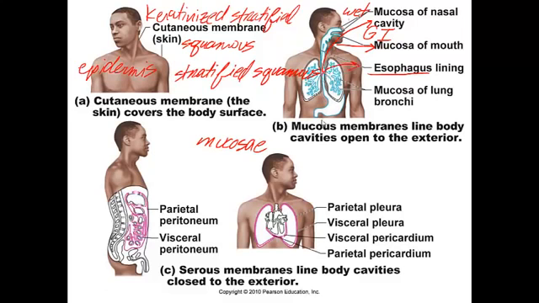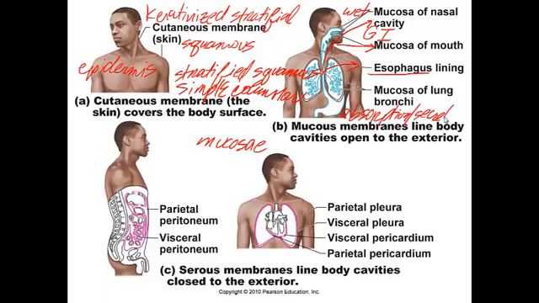Now, in the GI tract, though, we have simple columnar epithelium, and the two main functions that we have for the mucous membranes are going to be both absorption and also secretion.